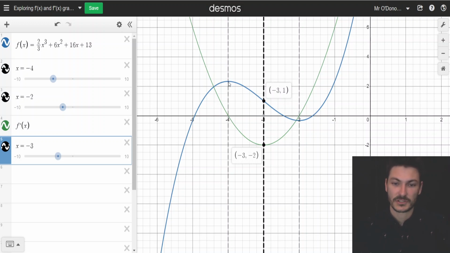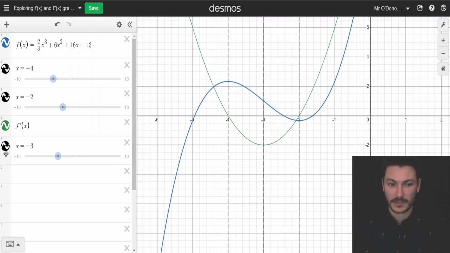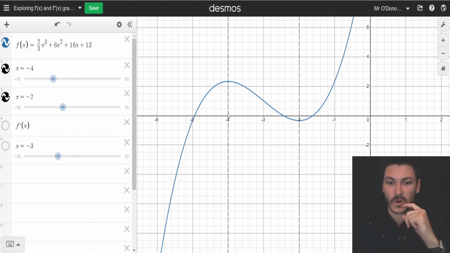So my original function had a local max and a local min, and we said somewhere in here we're going to get a point of inflection, and this is it here at -3, 1. And that corresponds to the stationary point of the first derivative. So we can go even further here and say, okay, I'm going to pause a sec and go back in time. We said to find x-intercepts of the first derivative was to find turning points of the primitive function.